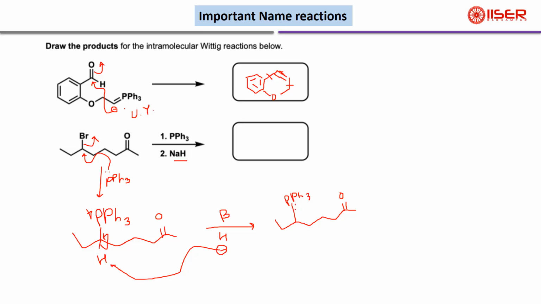Now is this halide an electron donating, stable or unstable halide? There is no electron withdrawing group. So this is an unstable halide. So this negative charge center will attack this carbonyl and form an alkene product.